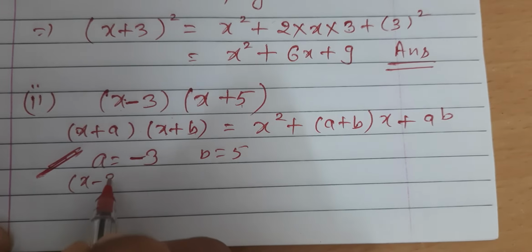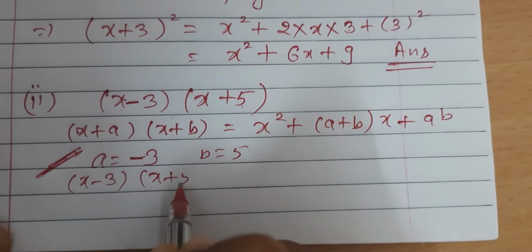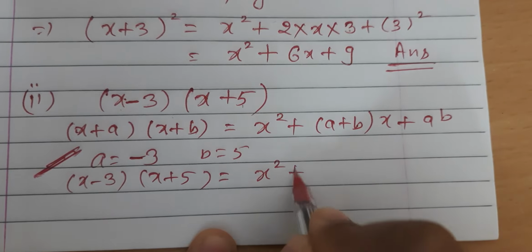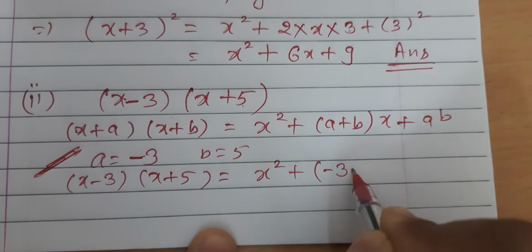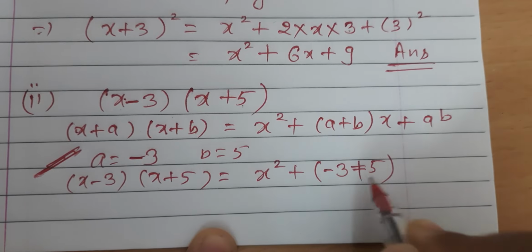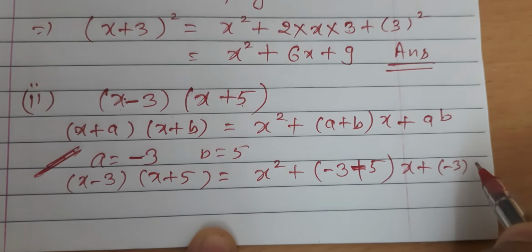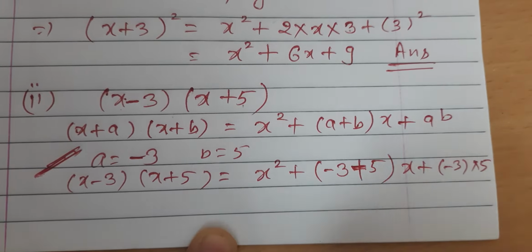So here in LHS, x minus 3, x plus 5, x square plus (a plus b)x plus ab, where a is minus 3, b is 5, and ab is minus 3 multiplied by 5.